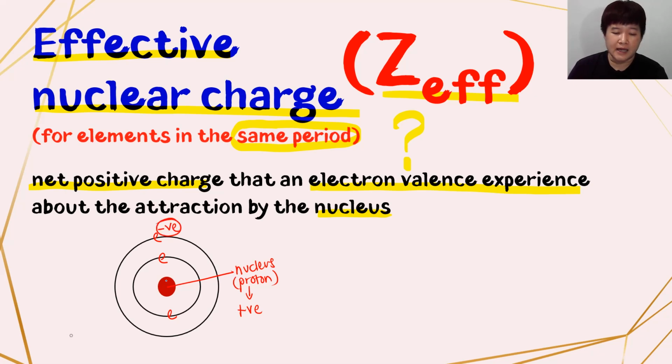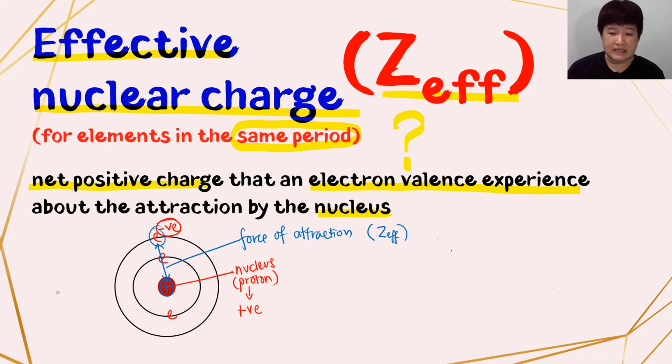So between the negative charge of the electron and the positive charge in the nucleus, you will have something called force of attraction. The force of attraction happens because of the positive charge in the nucleus and the negative charge of the electron. This force of attraction is what we call effective nuclear charge experienced by the valence electron.